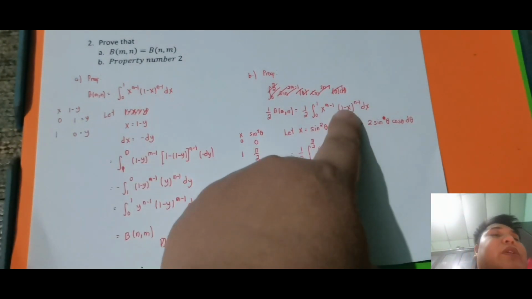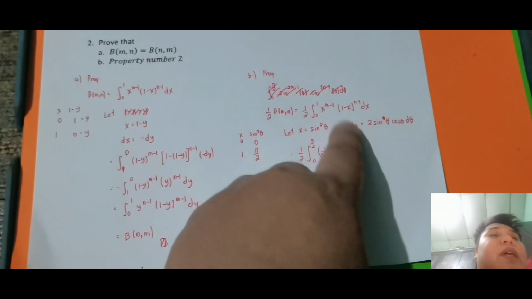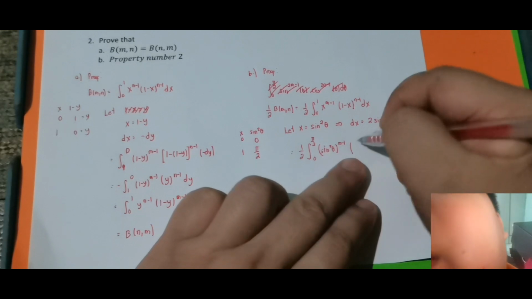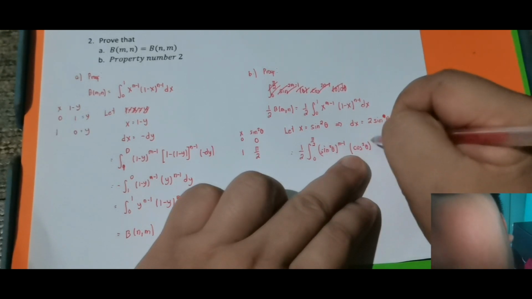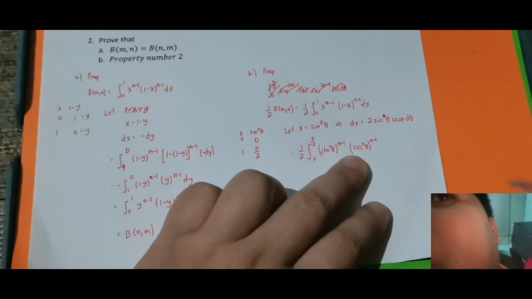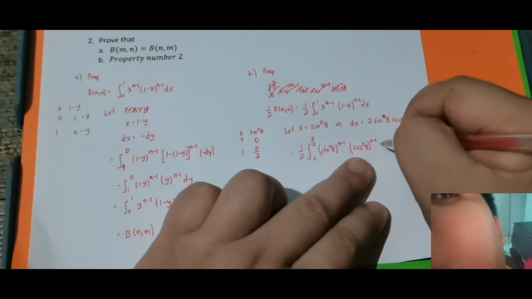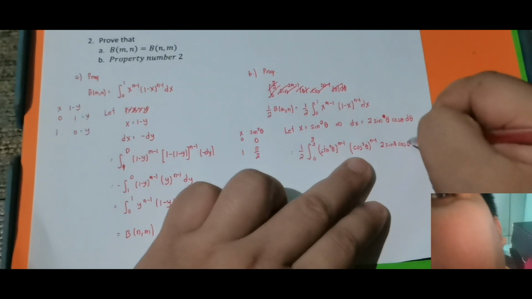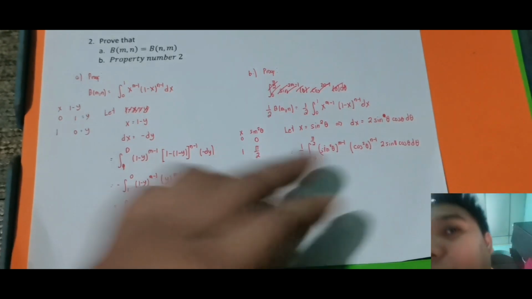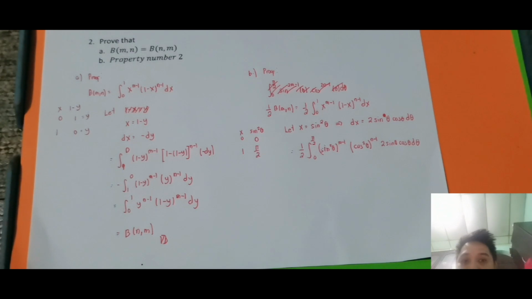Yung 1 minus sine squared na yun is cosine squared, so this is cosine squared theta. Tapos n minus 1. Tapos lagay natin dx. This is 2 sine theta cosine theta d theta. Okay, so check ko paano siya matatanggal dyan, no?